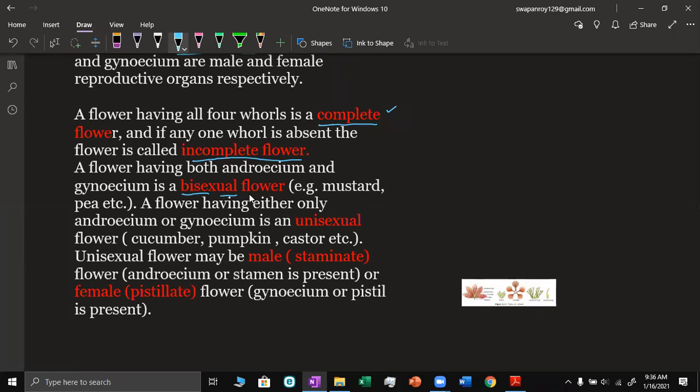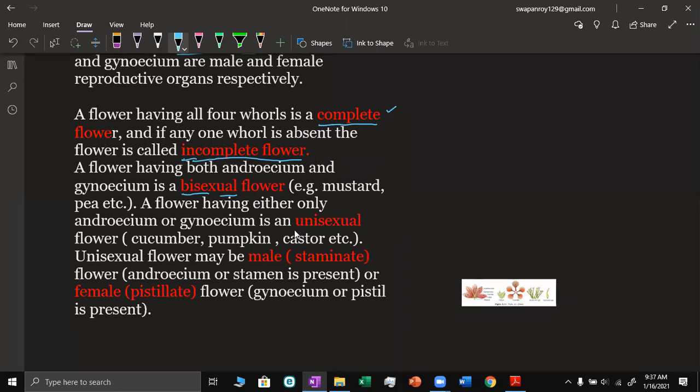In some flowers, in particular families, they have either androecium or gynoecium. Those flowers are unisexual flowers. So a unisexual flower will be an incomplete flower, because it will be missing either androecium or gynoecium.